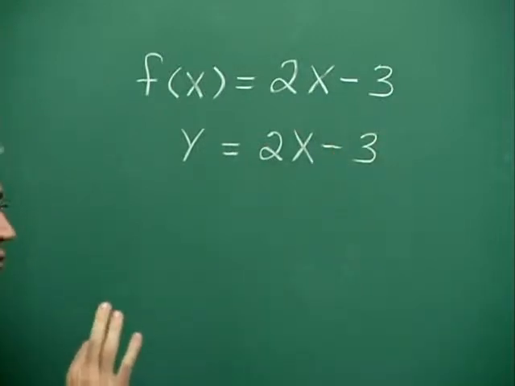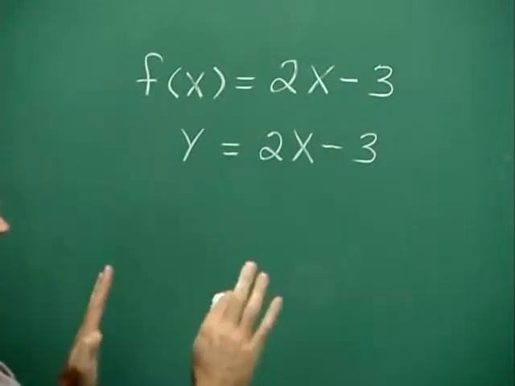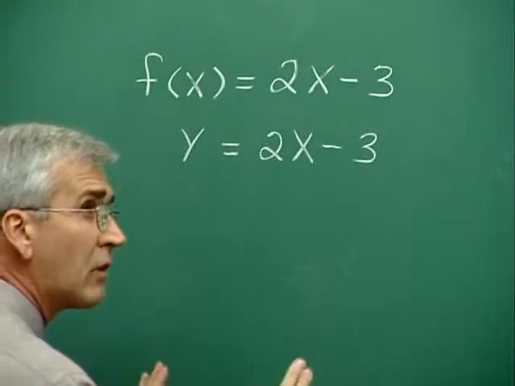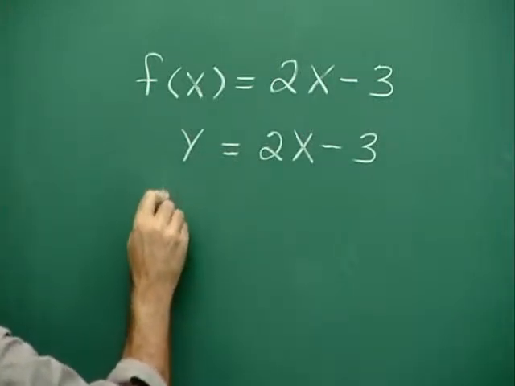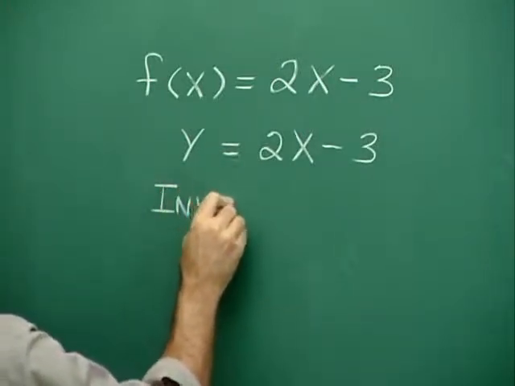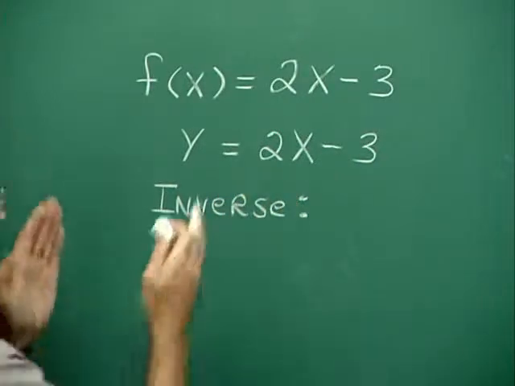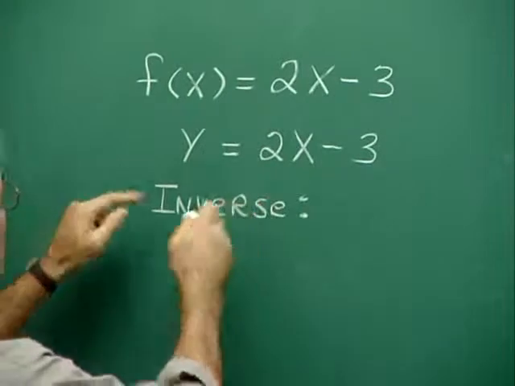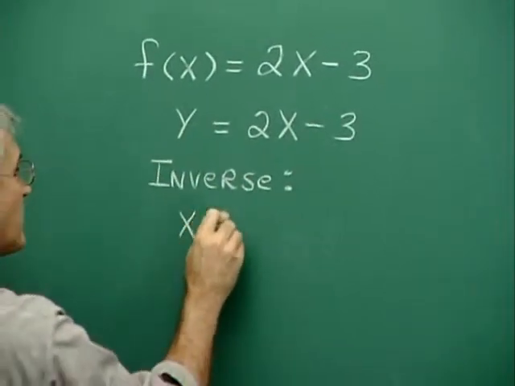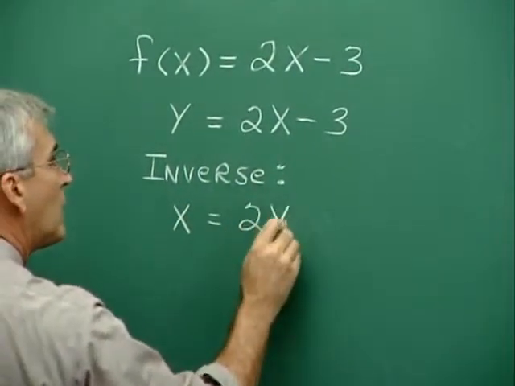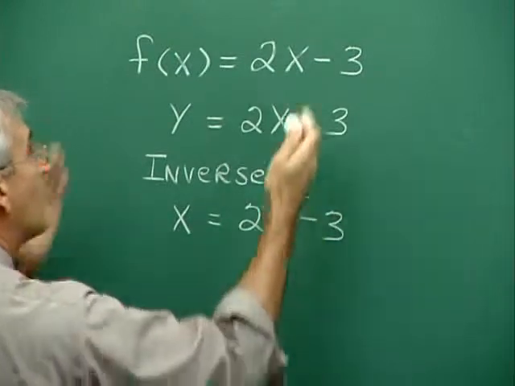And we're going to actually swap the role of x and y in this function. That's what inverse is all about. So to generate an inverse, we simply replace x with y and y with x. So y becomes x, x becomes y, and here we have the inverse of that function.